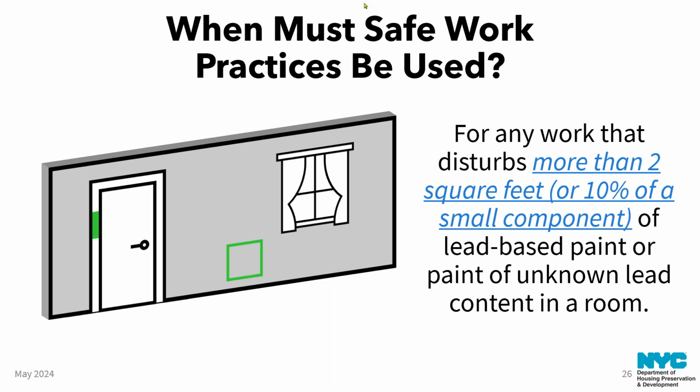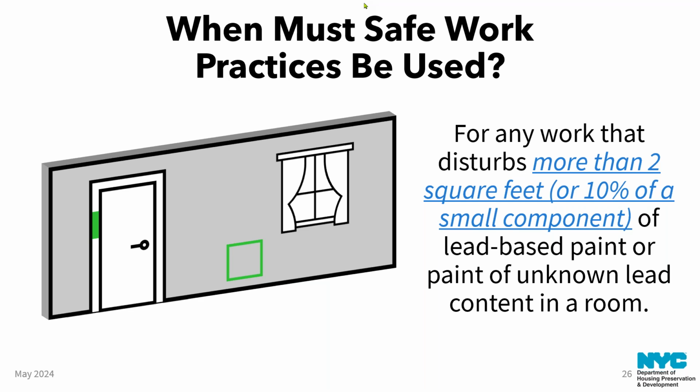So it's when the job is going to disturb more than 2 square feet or 10% of a small component of paint that is either lead-based paint or paint that hasn't been tested, so we can't say either way, in a room. So this requirement does apply per room, so it would be the more than 2 square feet or 10% of a small component in each room.